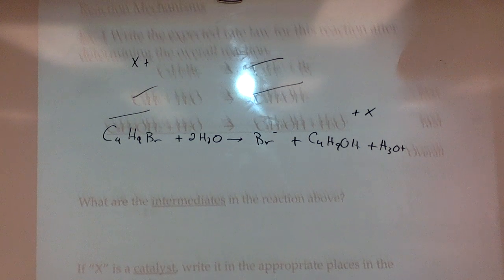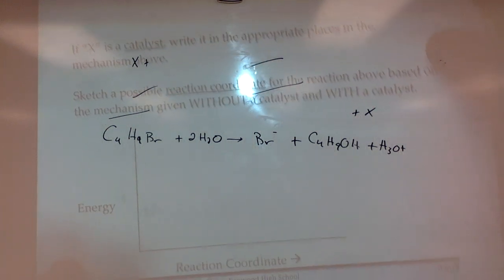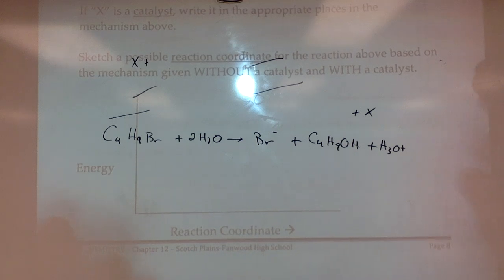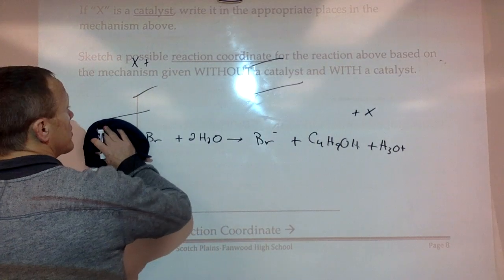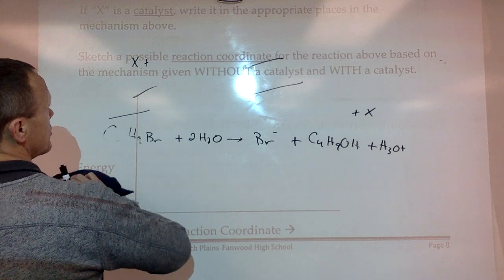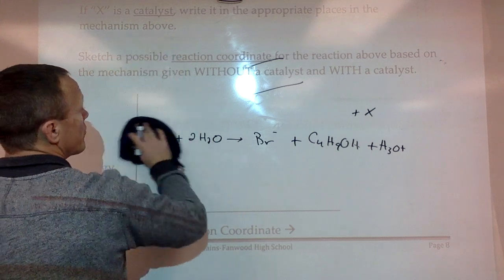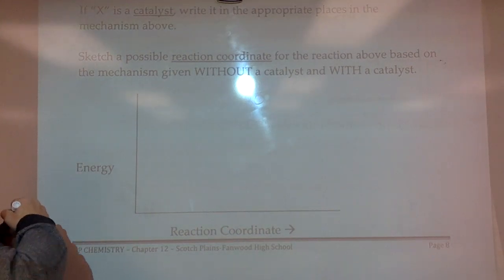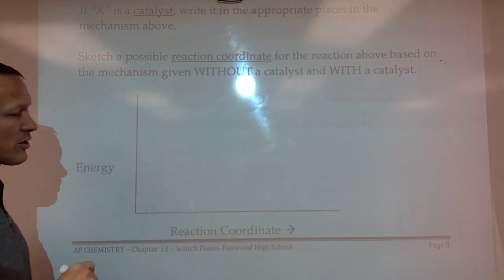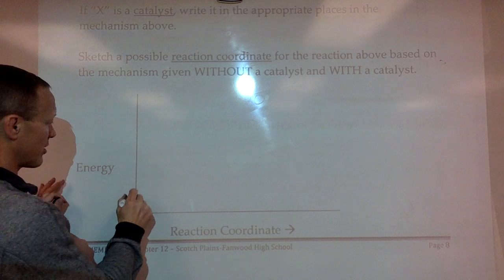Going down here, sketch a possible reaction coordinate based on the mechanism given without the catalyst in there. So if we do that, this is just showing the energy pathway, which we haven't done a lot of. So let's say that these are our reactants.